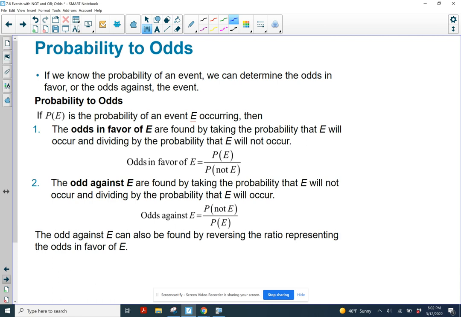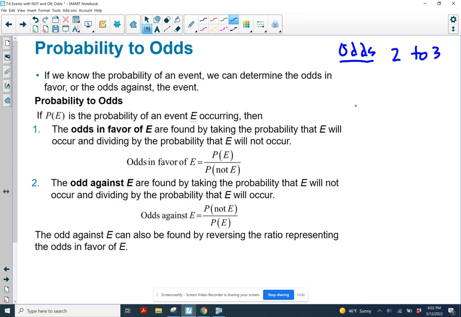Ooh, not an example. We're going to talk about odds. Let's say we have a sporting event and the team that I like has odds of winning of 2 to 3. What does that mean?